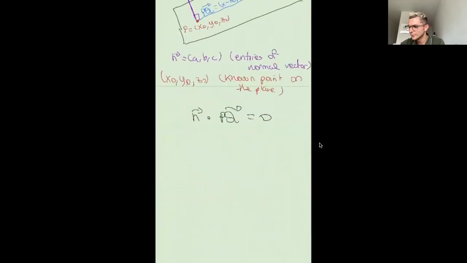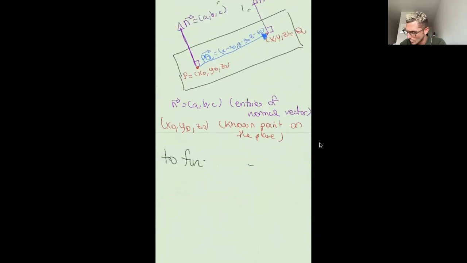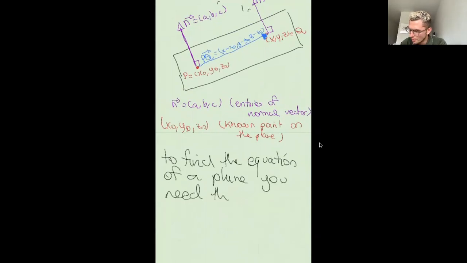So to find the equation of a plane, you need the normal vector and a point on the plane.